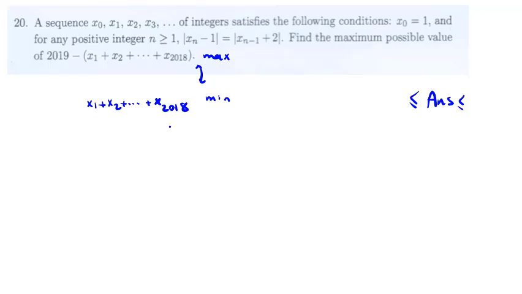So we should find the minimum of this number, and I consider the minimum of this number, for example, t. So we can find the answer in terms of t. The answer is 2019 minus t. So we should find t.